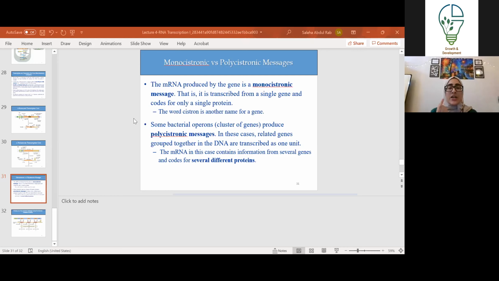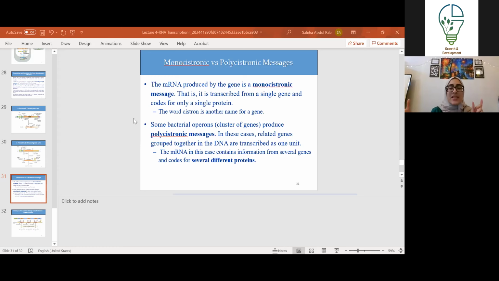However, in bacteria, one mRNA which is produced can represent multiple genes. It can encode for multiple at a time. It's not like eukaryotes. And that is why it's called polycistronic. So one mRNA can be a polycistronic message, which means that this mRNA codes for proteins which can be from multiple genes in that bacterial DNA.